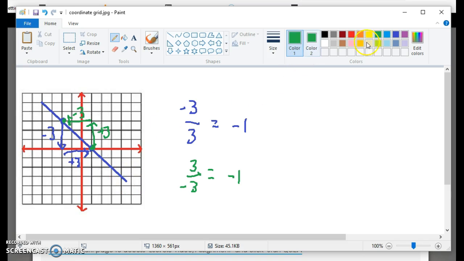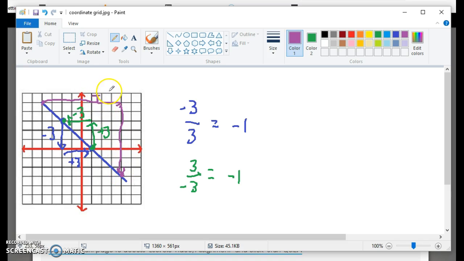And just to prove the point one more time, I could choose to start here and end up here, in which case I'm going right 8, down 8.